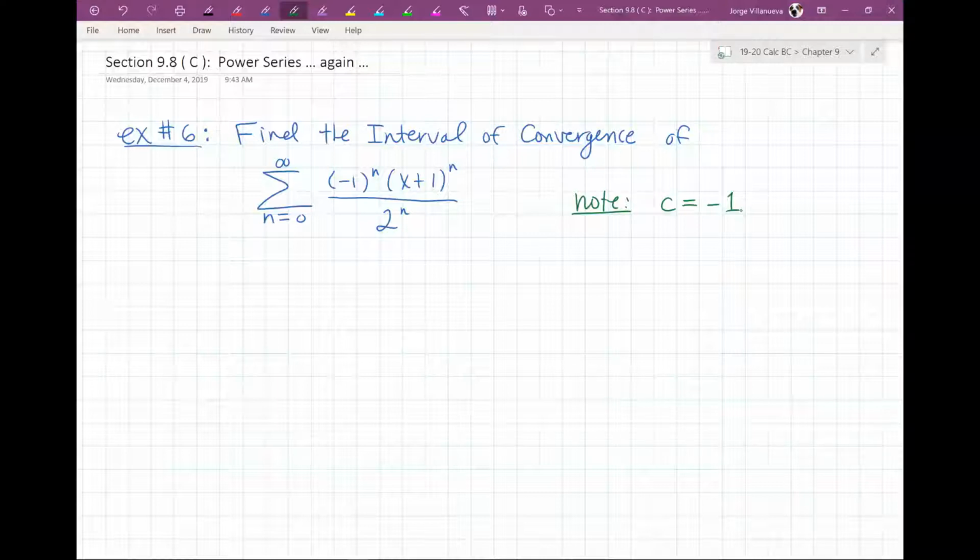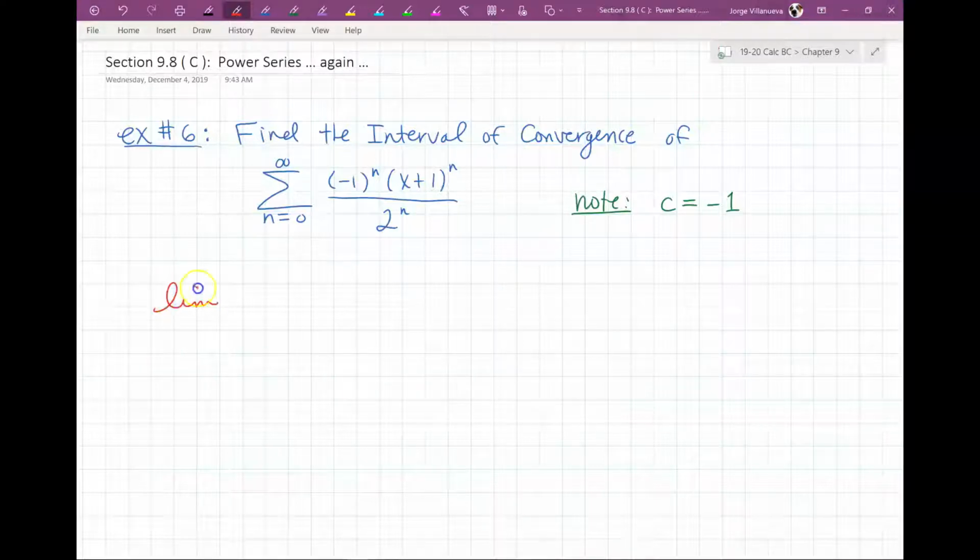The radius of convergence. So again, I know this looks like an alternating series, and if I was just telling you, hey, prove to me whether this alternating series converges or diverges, then you would use an alternating series test. But we're trying to find an interval of convergence for this power series. So what we're going to do is, again, use your ratio test, okay?